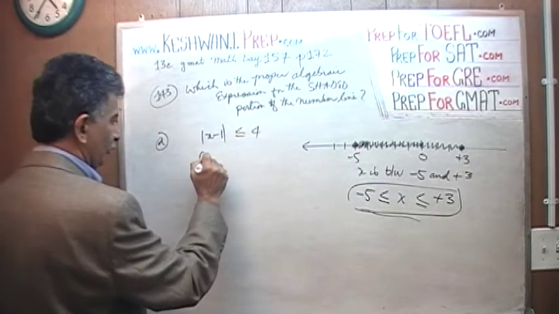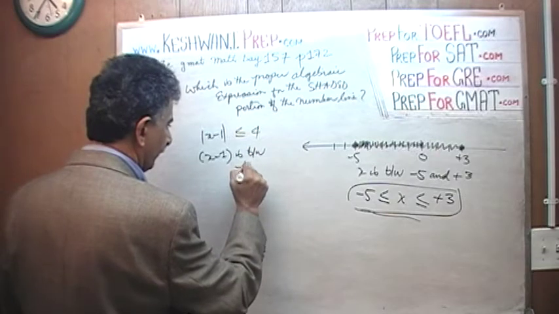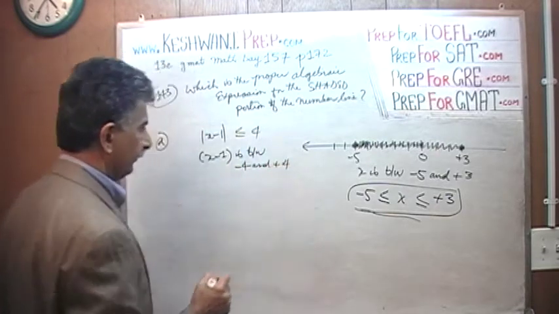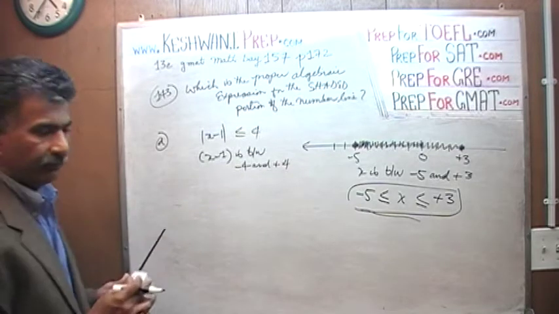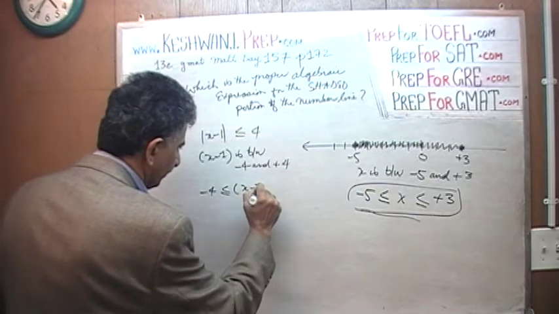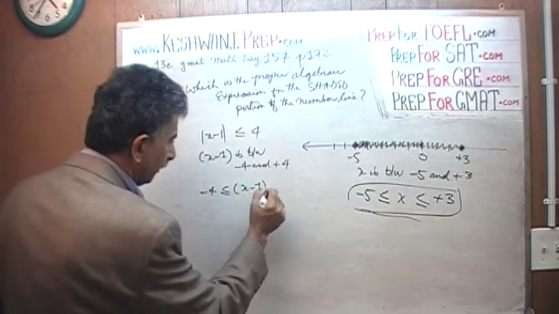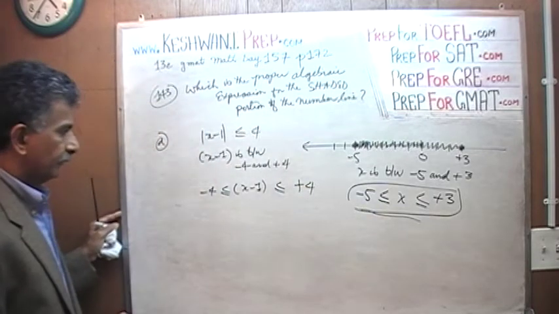This tells us that this quantity x minus 1 is between negative 4 and a positive 4. This is how we write it. X minus 1 has to be more than or equal to negative 4, but less than or equal to positive 4.